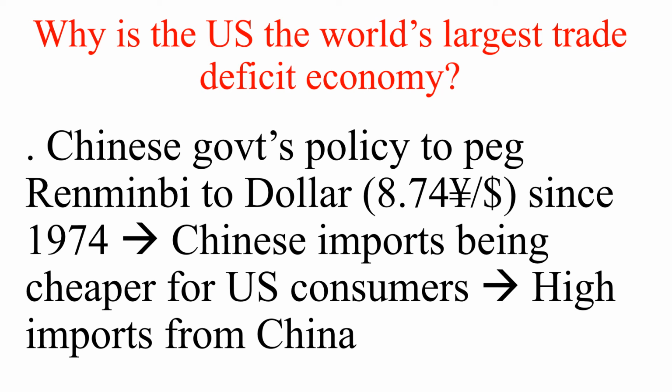So this argument has been there for a while, but I have to add here that the evidence is mixed on this. There is some research that also shows that this Chinese pegging policy did not really keep the exchange value of renminbi as much as it's argued.